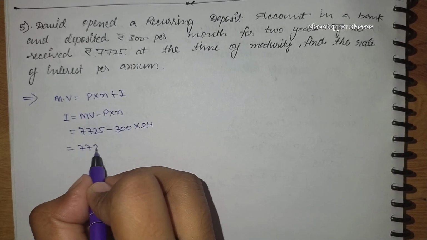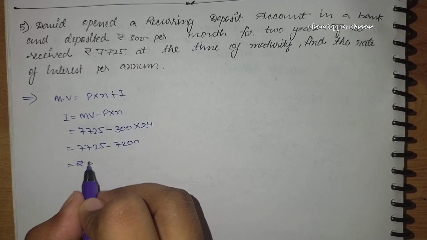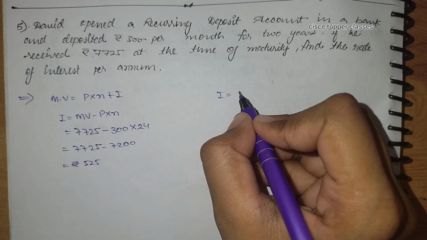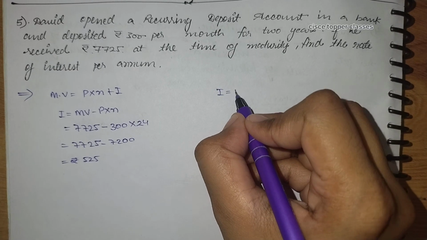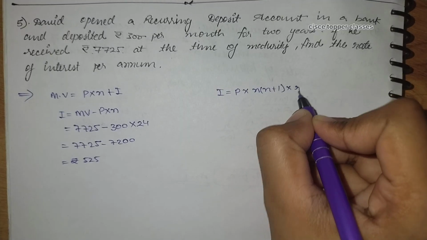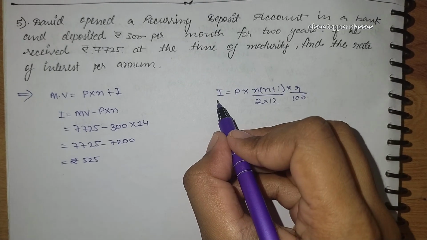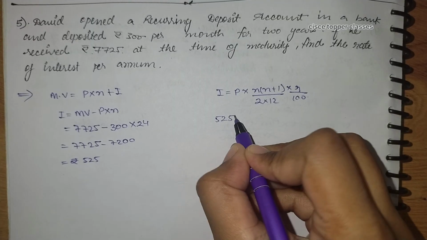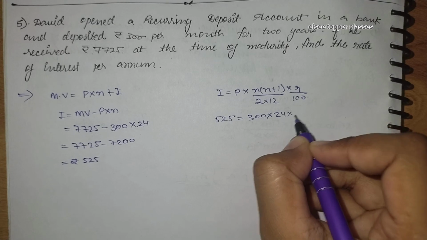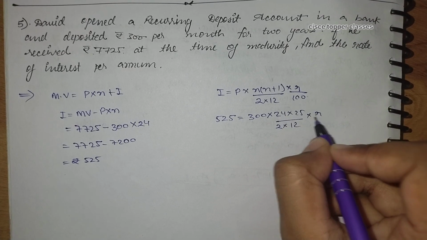So this will be 7,725 minus 7,200 equal to rupees 525, and from that only, by the formula for interest, we can find the value of the rate of interest. So this will be P into n plus 1 into rate of interest divided by 100 divided by 2 into 12. We know the interest is 525, the principal value here is 300 into 24 into 25 divided by 2 into 12 into r by 100.